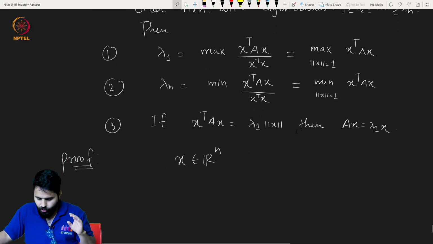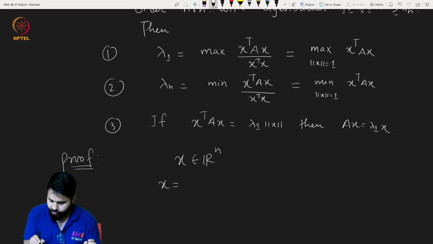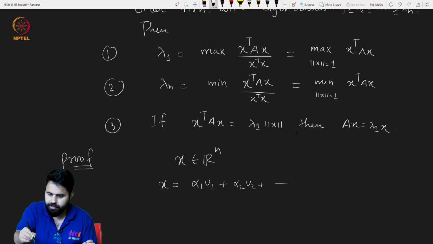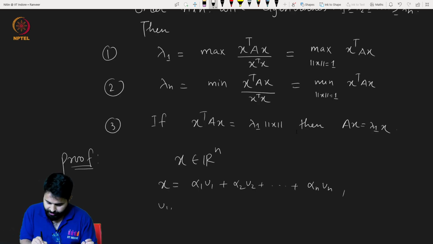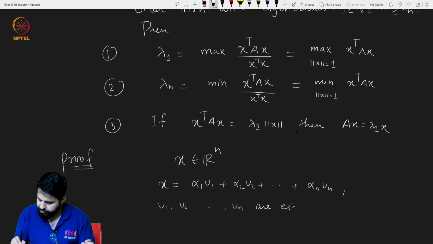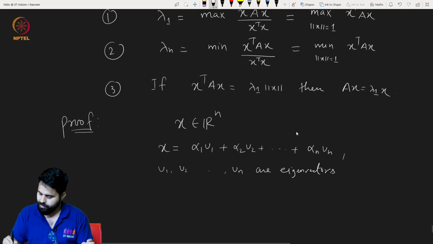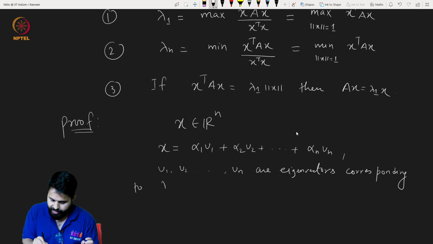Okay, so A is any symmetric matrix. Now x you can write as a linear combination alpha 1 V1 plus alpha 2 V2 up to alpha n Vn, where these vectors V1, V2 up to Vn are eigenvectors corresponding to lambda 1, lambda 2 up to lambda n.